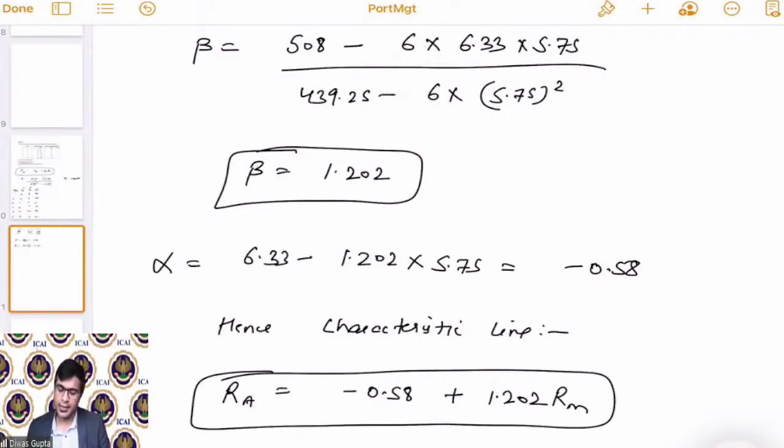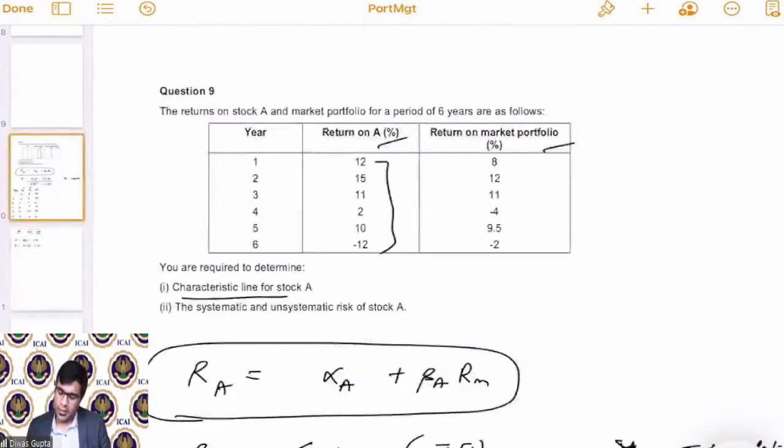Okay, students. Now, second part, it is asking us to calculate the systematic and unsystematic risk of stock A. Now, for calculating this, students, please note one important point. Unsystematic risk, as of now, we don't know how to calculate, correct? Because unsystematic risk always comes as a residual risk.